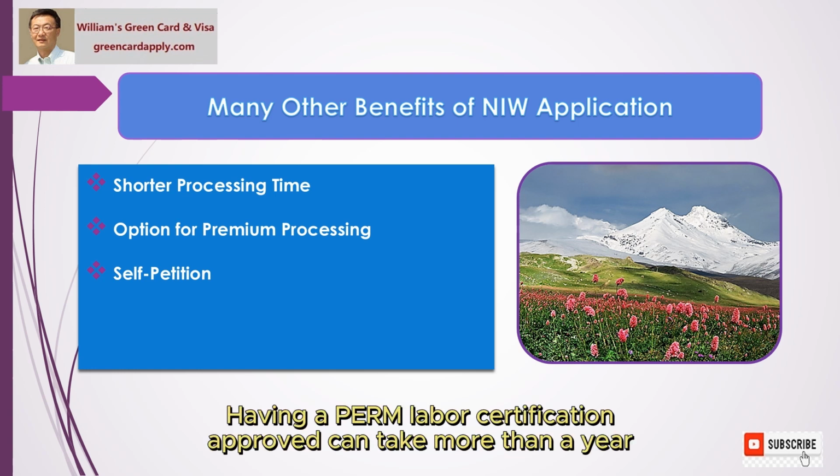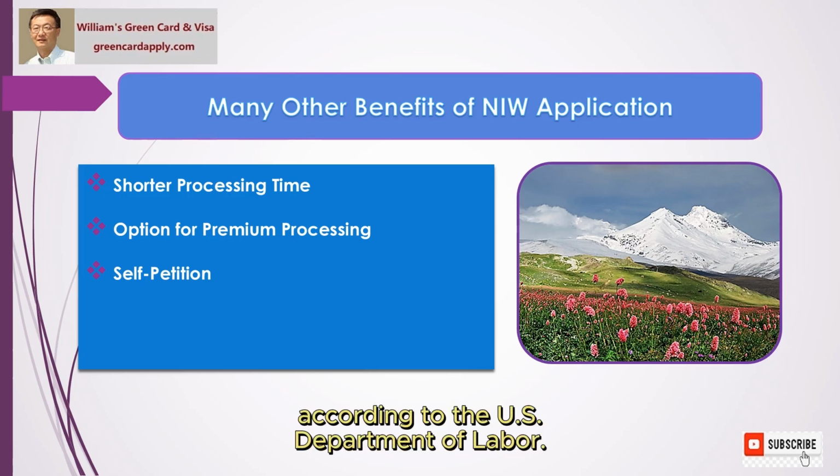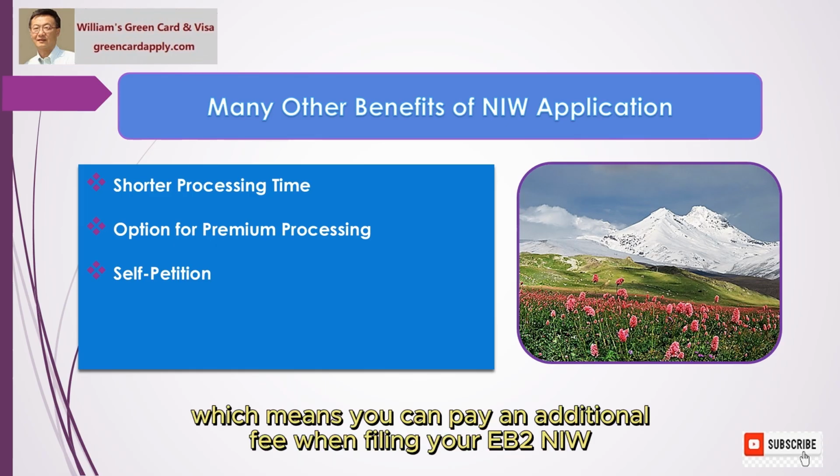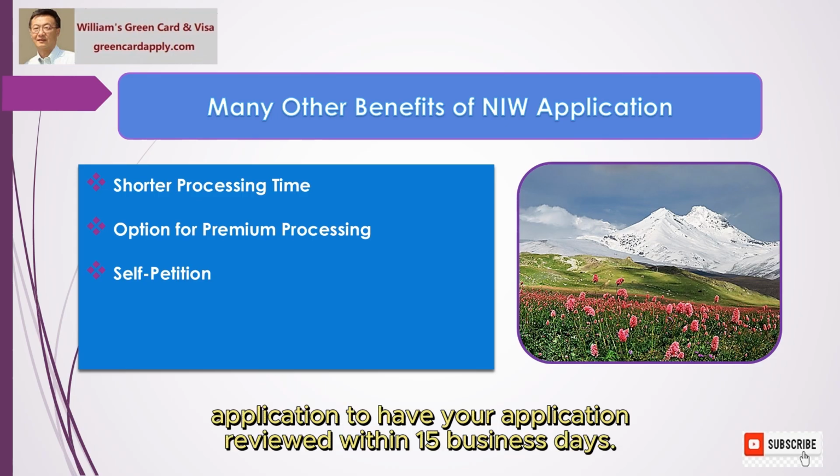Having a PERM labor certification approved can take more than a year, according to the U.S. Department of Labor. There is also an option for premium processing, which means you can pay an additional fee when filing your EB2 NIW application to have your application reviewed within 15 business days.